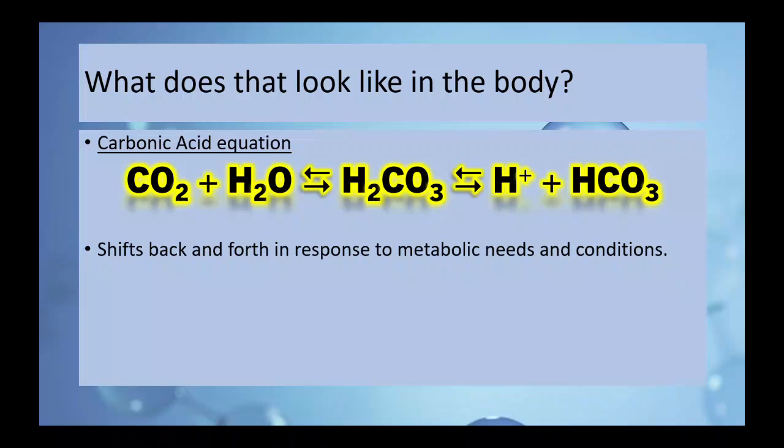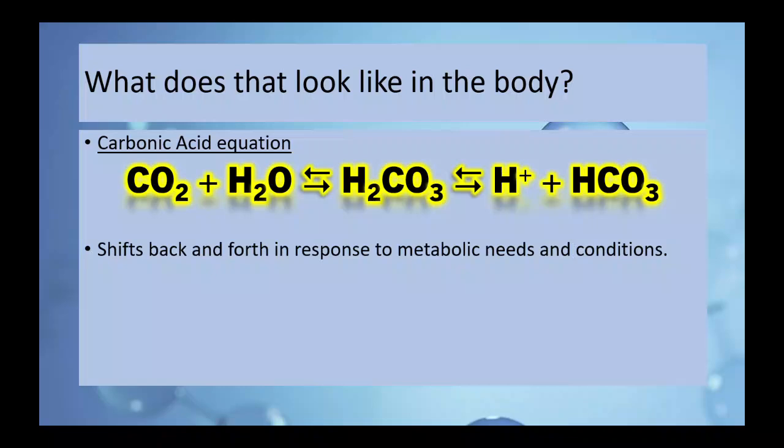We spent some time in class discussing the carbonic acid equation. And the reason I brought this up and made you aware of this is because the carbonic acid equation basically describes the way acid base is maintained in the human body.